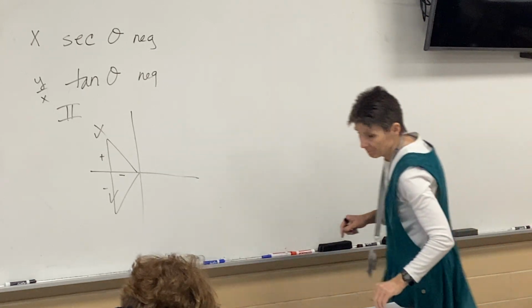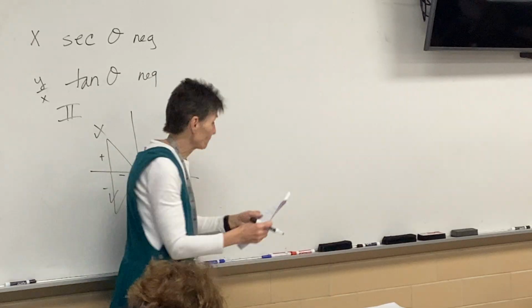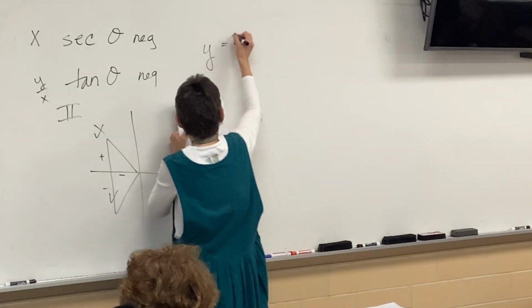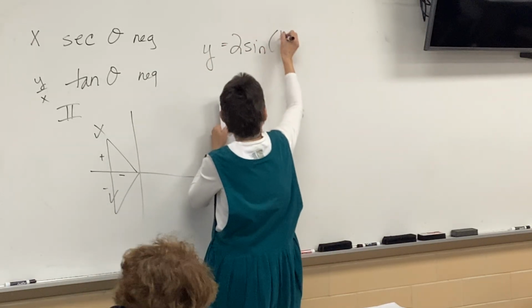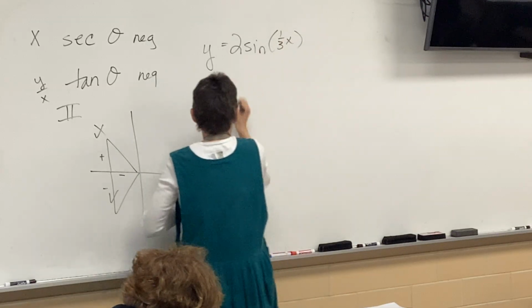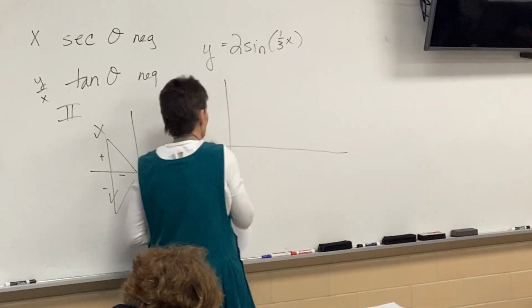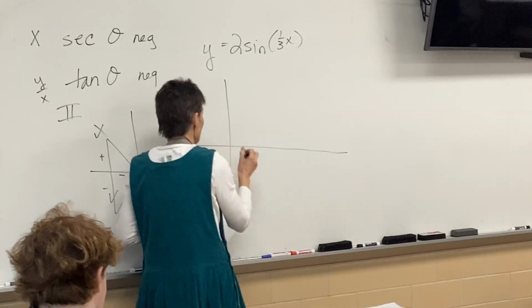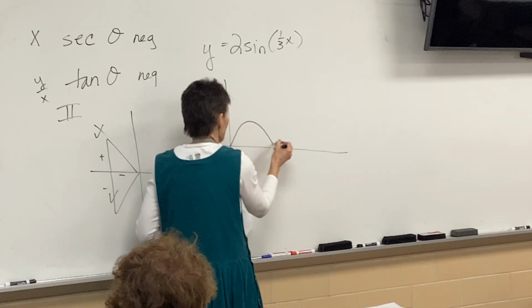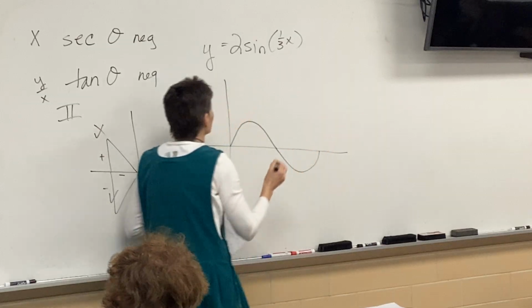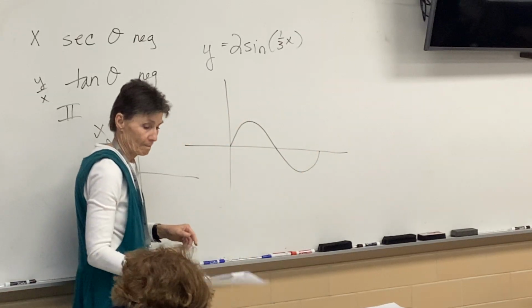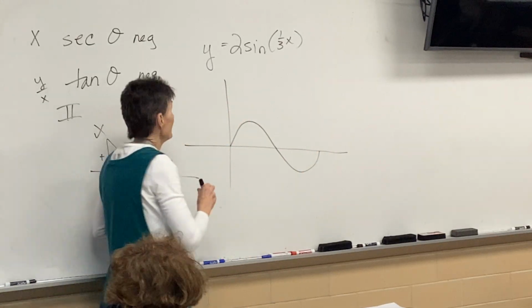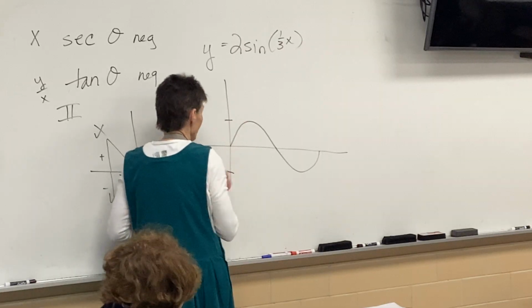Okay. Now we're going to sketch. Here we go. Sine. You will need to know what the shapes are. So you need to remember that a sine has a hill and a valley. And then you need to remember to label.